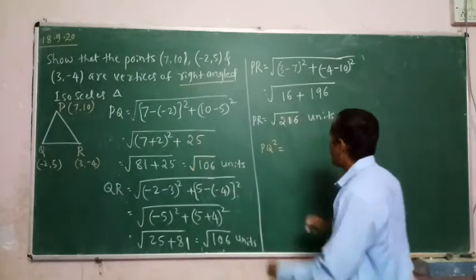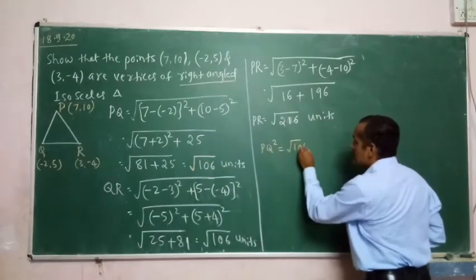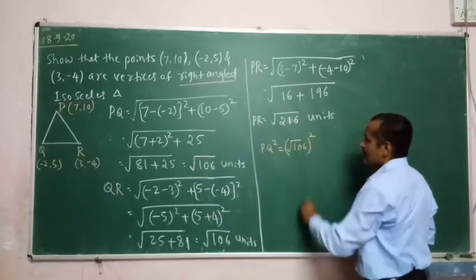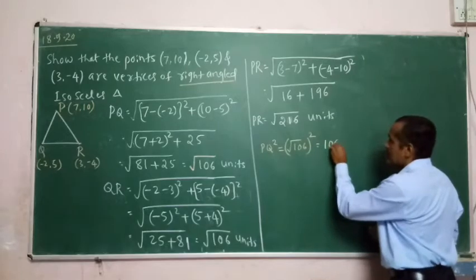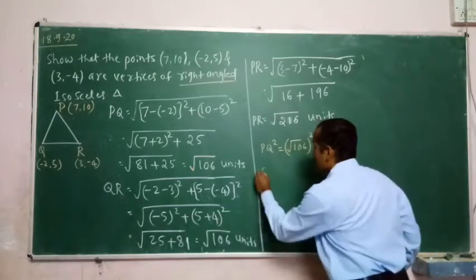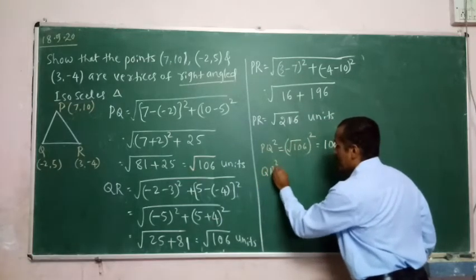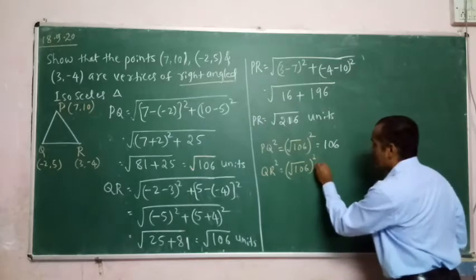Come on, PQ square. It is the square root of 106 the whole square. Root and square get cancelled. Answer is 106. PQ square is 106. I will go for QR square. Again, square root of 106 the whole square.